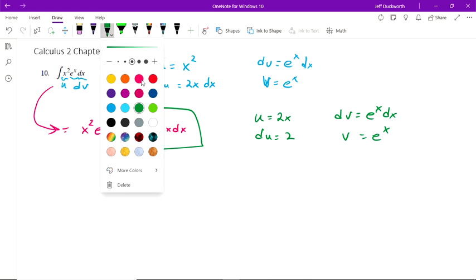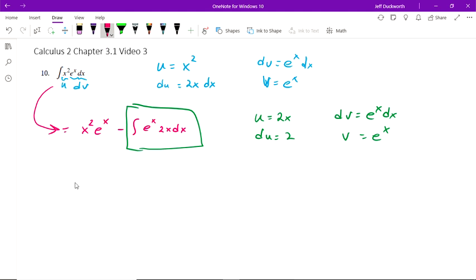Let's go back to red here. And now this equals x squared e to the x, and we have a minus of this whole thing. So minus u times v, so 2x e to the x minus the integral of v, which is e to the x, du, which is 2, and this actually should be dx, excuse me.